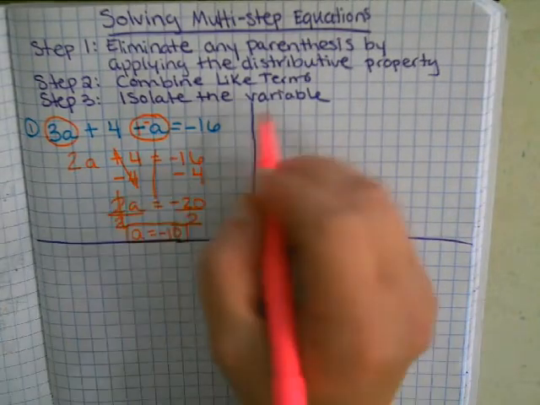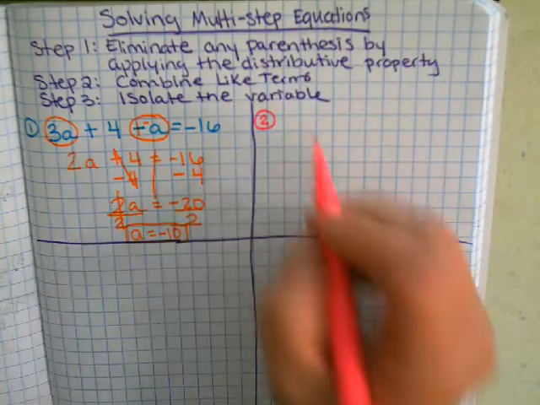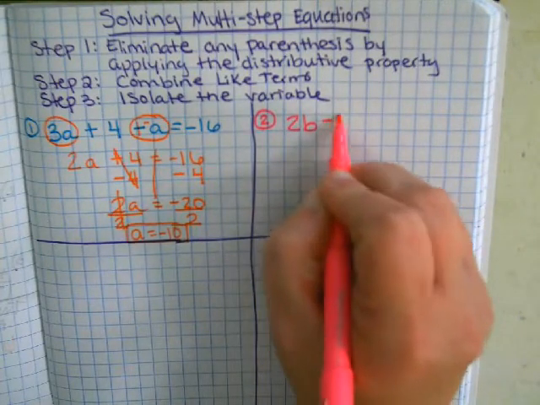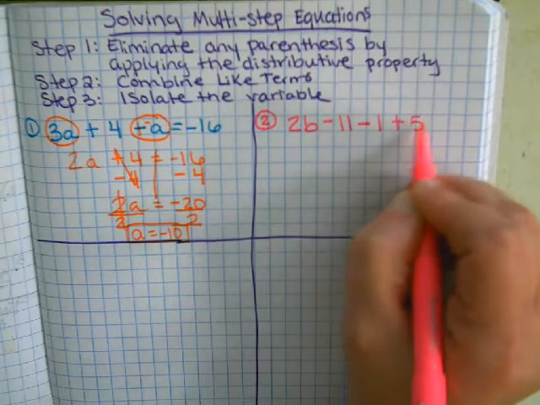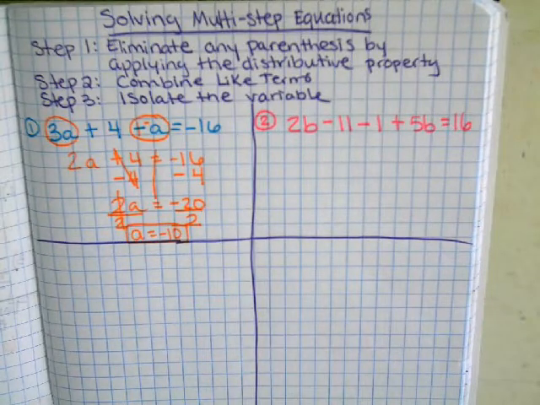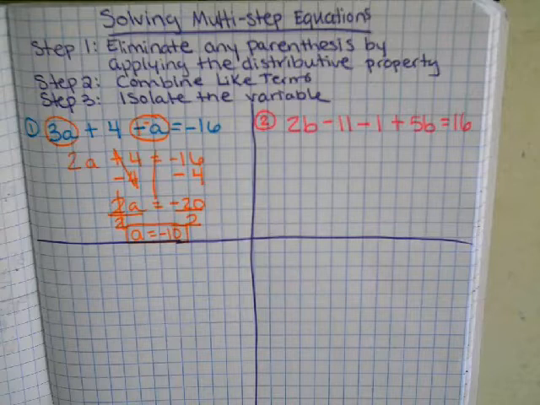Number 2. 2b minus 11 minus 1 plus 5b equals 16. All right. So it says get rid of any parentheses. Well, we don't have any parentheses here, so we can go down to step number 2.